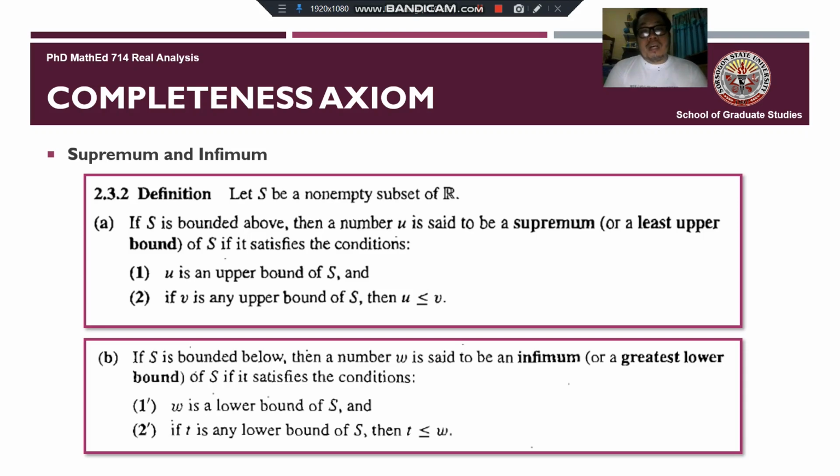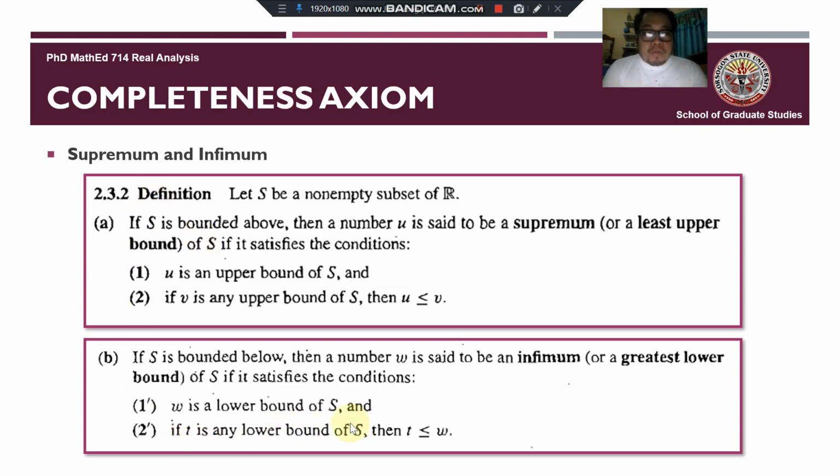Based on the illustration, we start with W, then the values located on the left side of W, which are represented by T, are less than or could be equal to W. That is the reason why we have the second condition, as stated in the definition of an infimum, or the greatest lower bound.